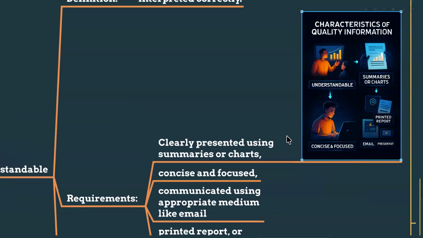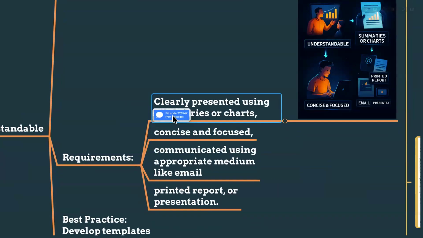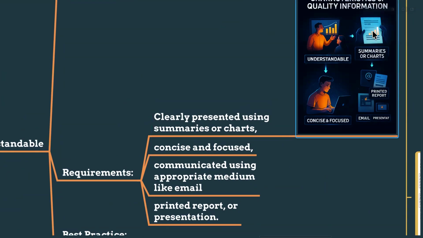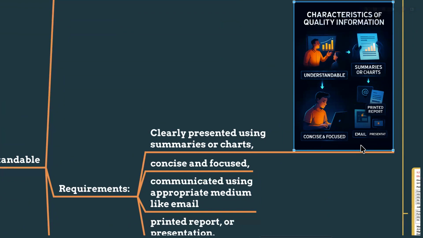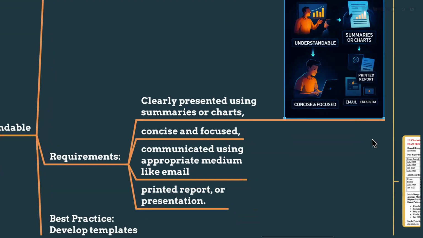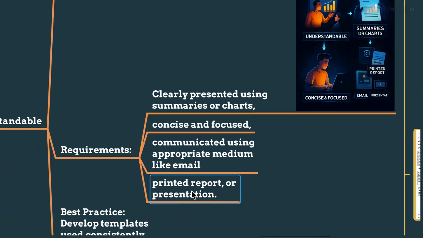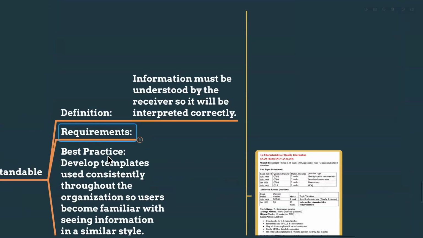So understandable means we have to present clearly, in summarized charts like these. Sometimes we have to be very concise, giving focused information very shortly, and sometimes we have to choose a good medium like email to send that report, or give a presentation, or provide it in printed form. So these are the requirements.